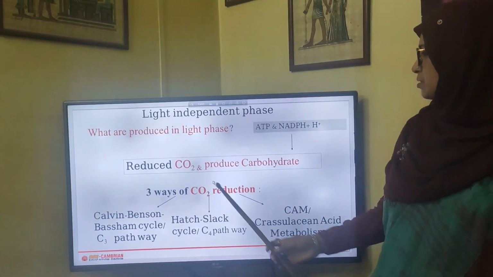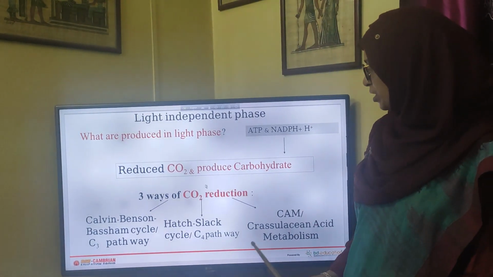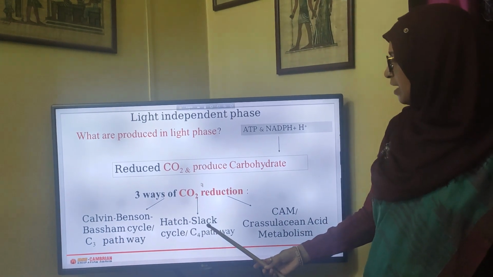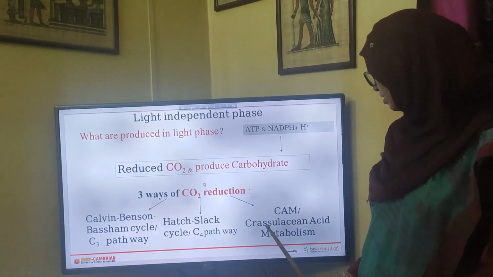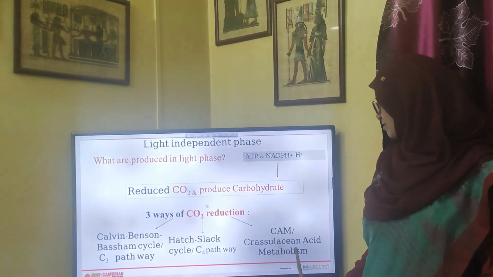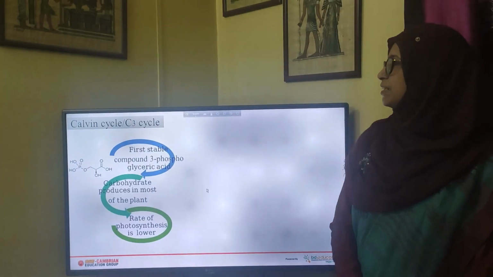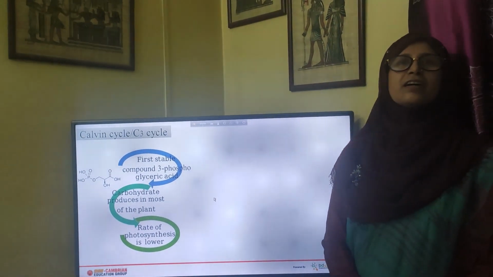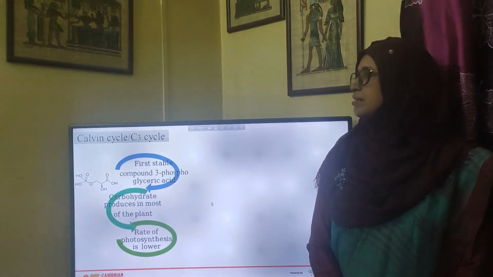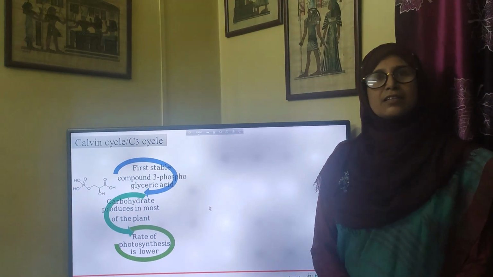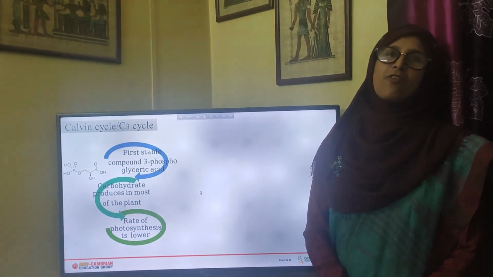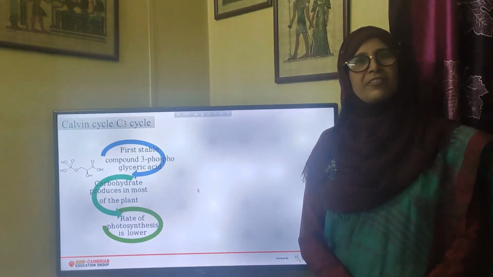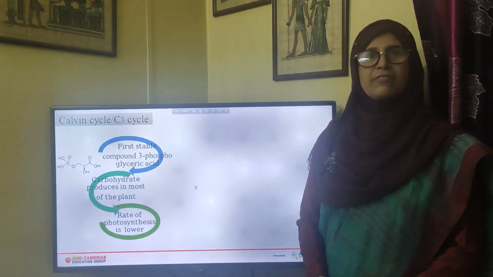And this carbon dioxide reduction occurs in three ways: Calvin-Bassham cycle or C3 pathway, Hatch-Slack cycle or C4 pathway, and CAM or crassulacean acid metabolism. Now the Calvin cycle or C3 cycle.